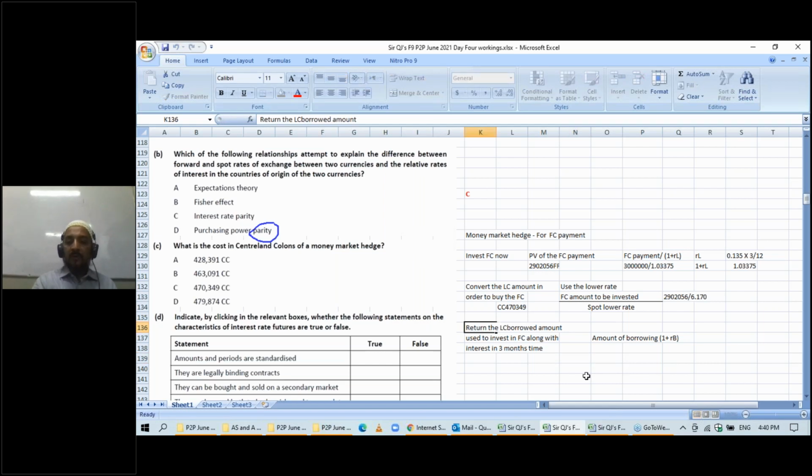Okay, so now let me calculate RB first. So pick the borrowing rate. Borrowing rate is 8.1% per annum. So I have to convert it into the 3 months rate, and then 1 plus RB. So 1 plus RB becomes 1.02275.